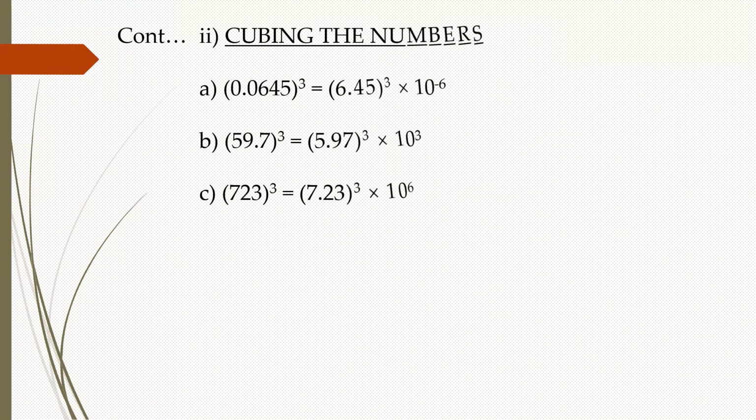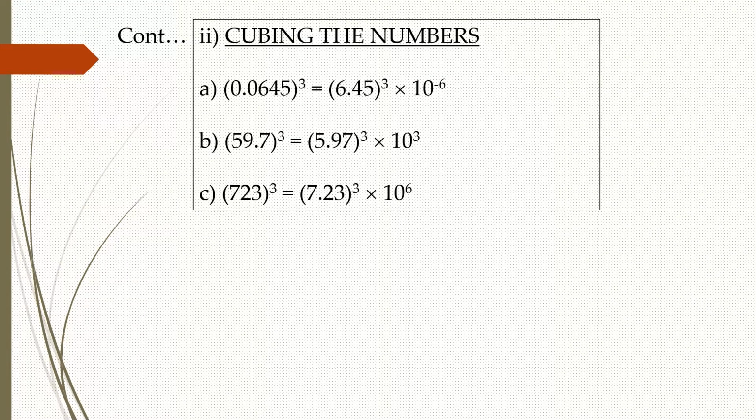The only part that will be remaining is that part of the numbers that range between 1.0 and 9.999. And which are these numbers? 6.45, 5.97, and 7.23. These are the numbers that we are going to check in our mathematical tables.